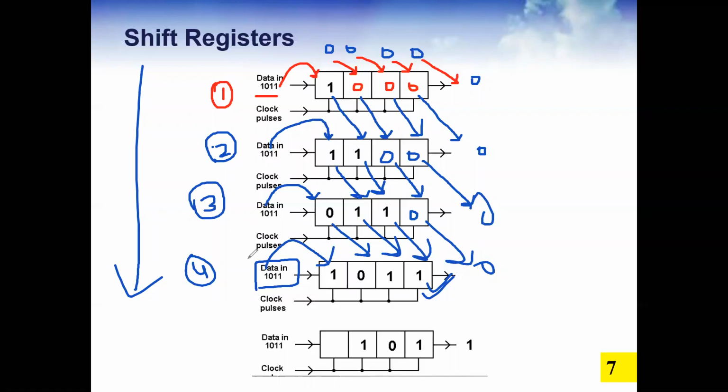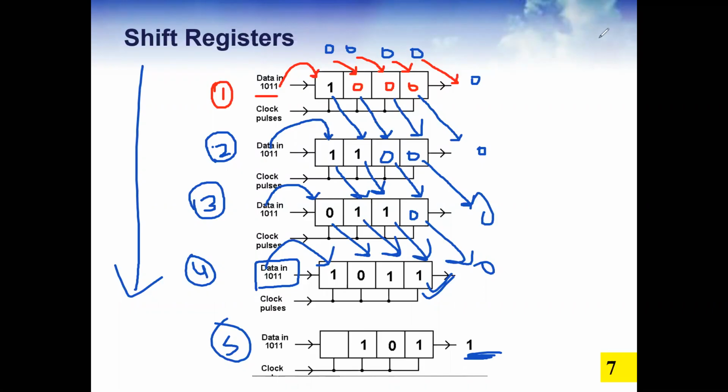With the next clock, whatever we stored here is going to be taken out. If I give the 5th clock, the stored information is going to go out and shift towards the right. So this is how shift registers work. They shift the bits one by one this way.